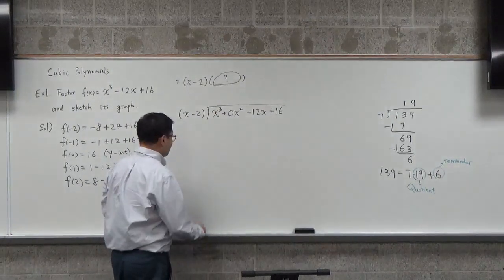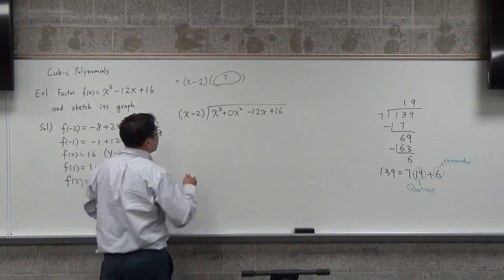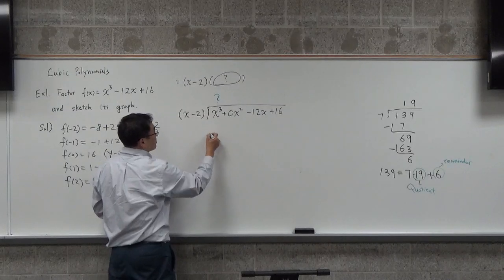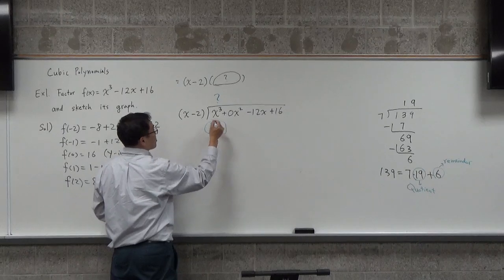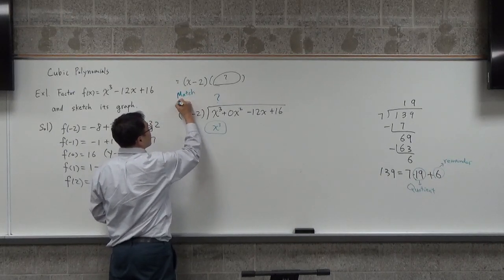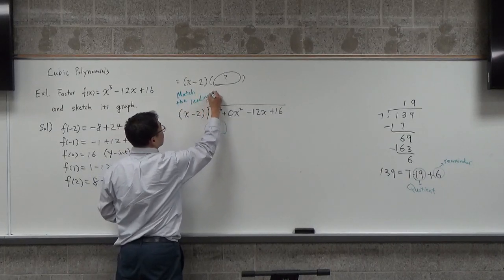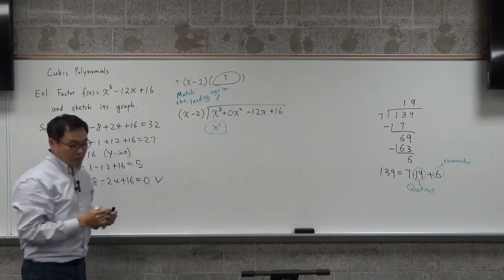So the question is, the way we think is, what should I multiply to this so that this portion will be exactly x cubed? So what we want is we need to match the leading term. Okay. All right.